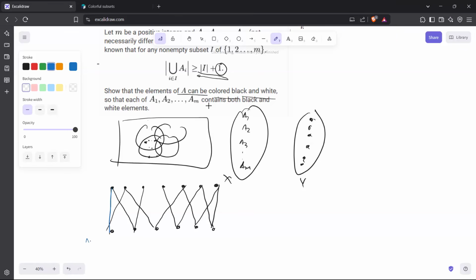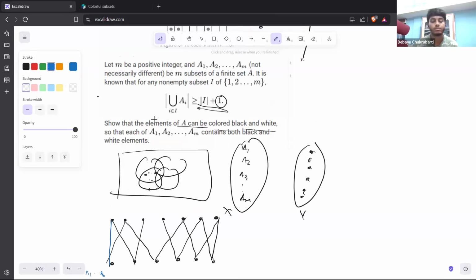Sets are in the bottom. Oh, you're taking equal, the cardinality is the same. There are m numbers.